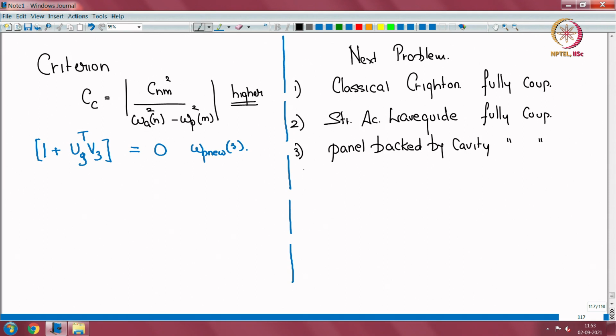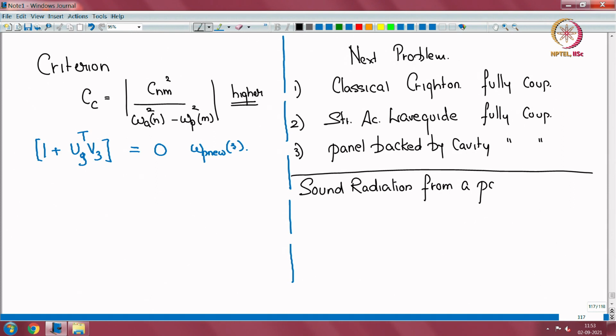Now we are going to look at a very traditional problem of sound radiation from a plate or a panel. I use the terms interchangeably. From a panel set in a rigid baffle.